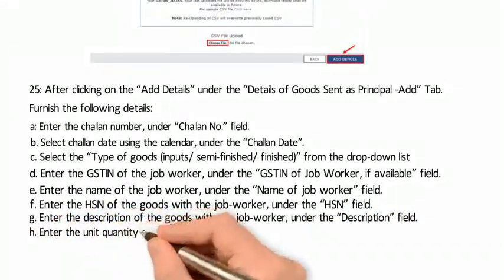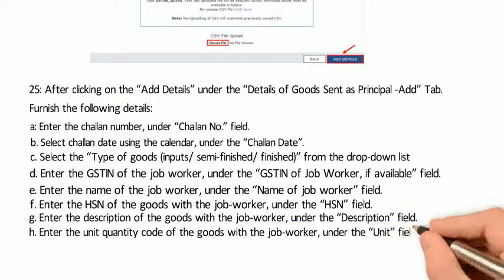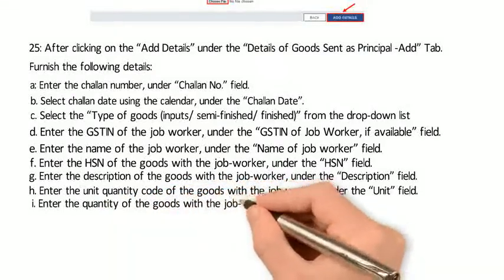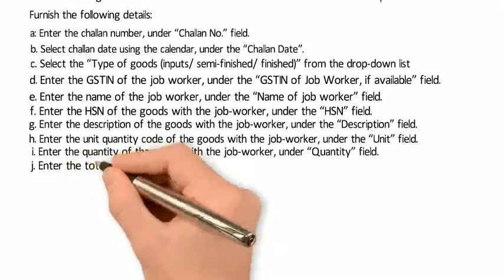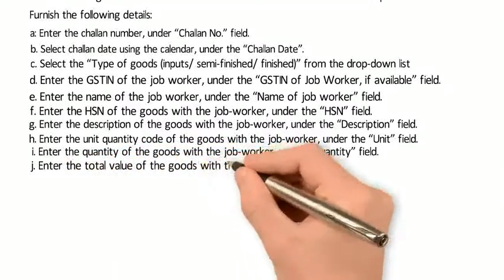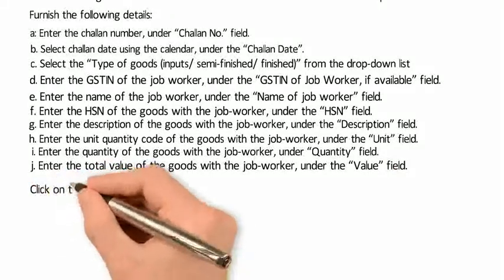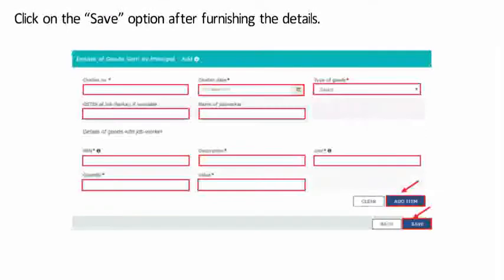H. Enter the unit quantity code of the goods with the job worker under the unit field. I. Enter the quantity of the goods with the job worker under the quantity field. J. Enter the total value of the goods with the job worker under the value field. Click on the Save option after furnishing the details.